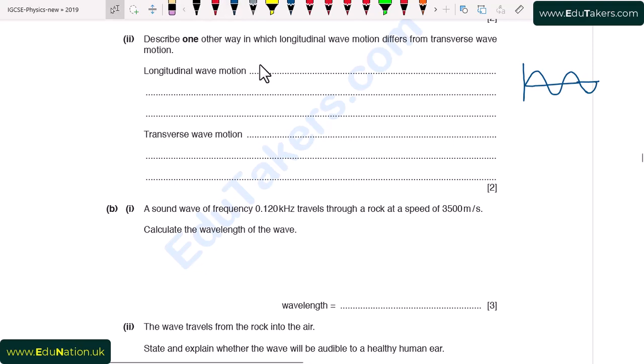If at this end I move the string up and down, the wave travels in this direction, but I vibrate the particles up and down. So both of these are perpendicular to each other. There is an angle of 90 degrees between them.